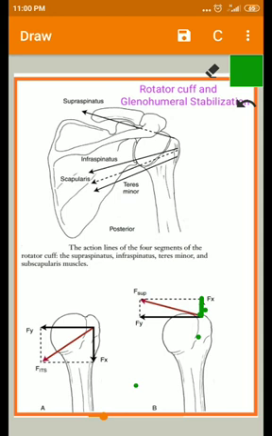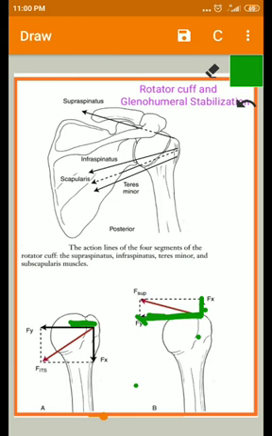When we compare with the other action lines of the rotator cuff muscles, the supraspinatus will have a large moment.